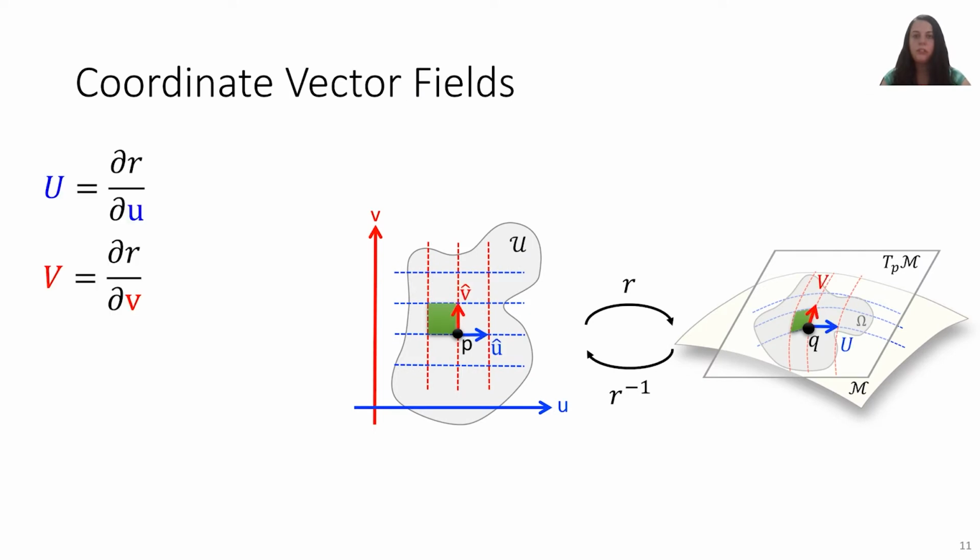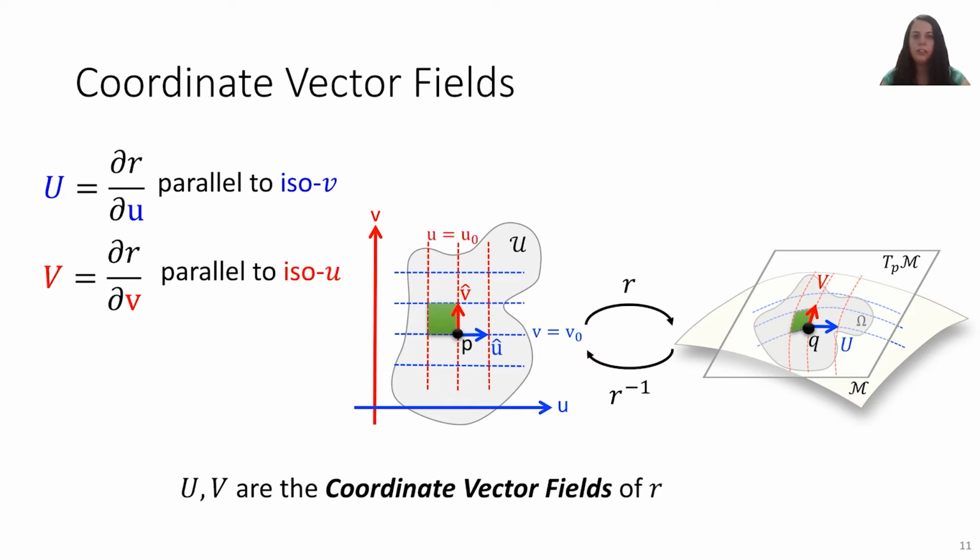Now consider the derivatives of R. The derivative with respect to U is a tangent vector field on the surface, denoted by capital U, which is parallel to the iso V lines, and similarly for V. These vector fields are called coordinate vector fields of R, and they prescribe the directions of the edges. So controlling them will give us control on the resulting quad mesh.